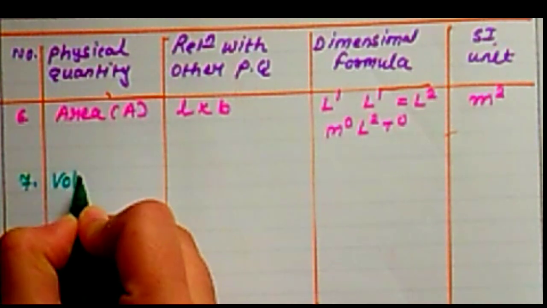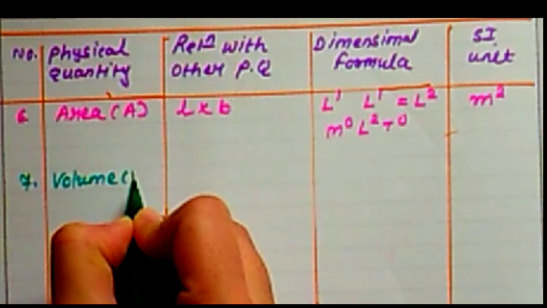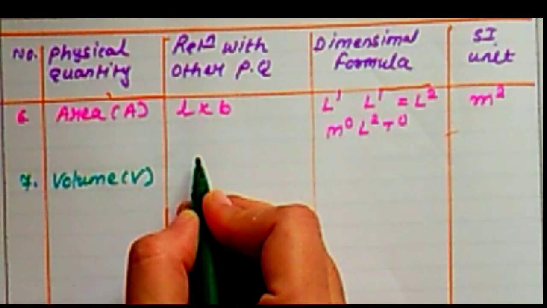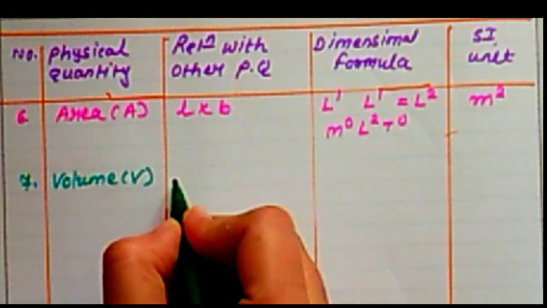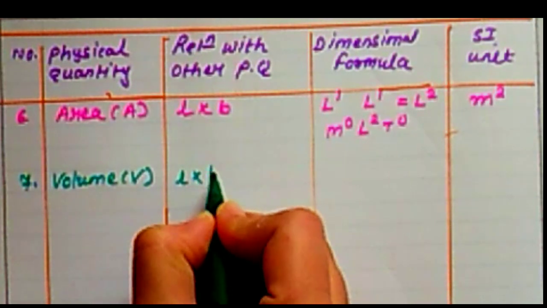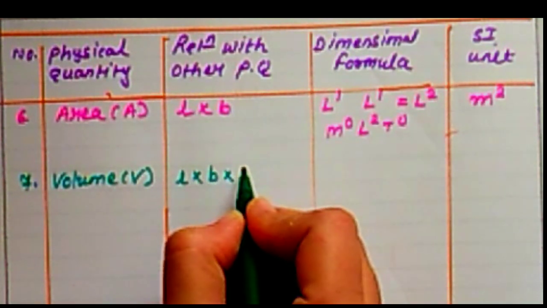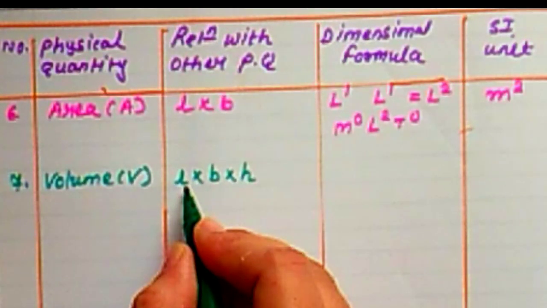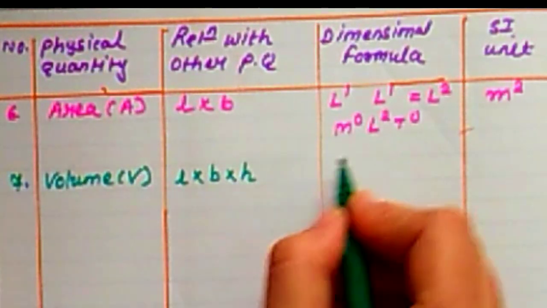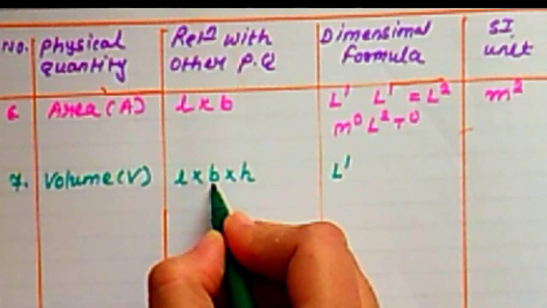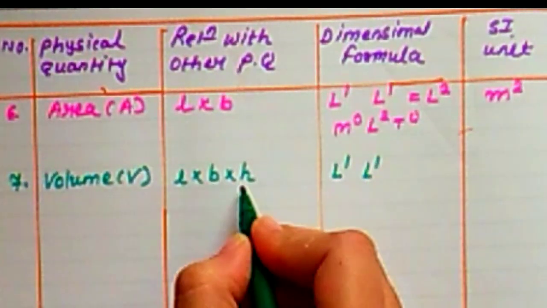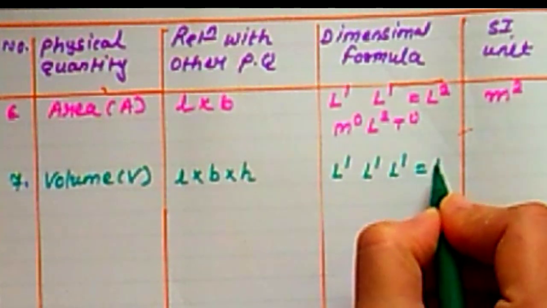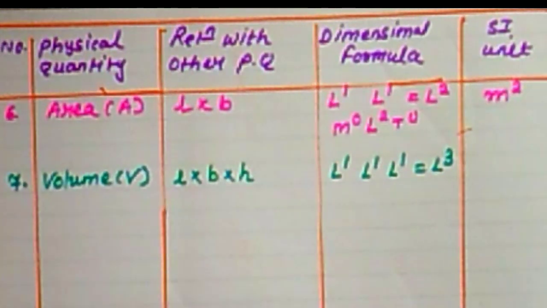Next physical quantity is volume. Symbol of volume is capital V. And the relation of volume with the other physical quantities is length multiplied by breadth multiplied by height H. Now the dimensional formula of length is L1, breadth is also L1 and height is also L1, that equals L cube.